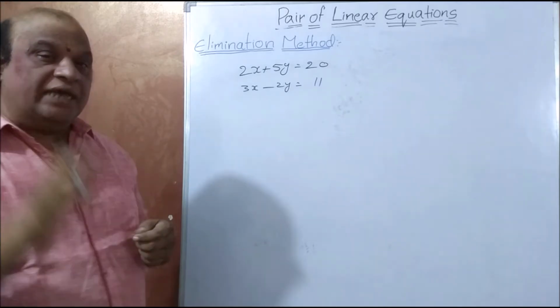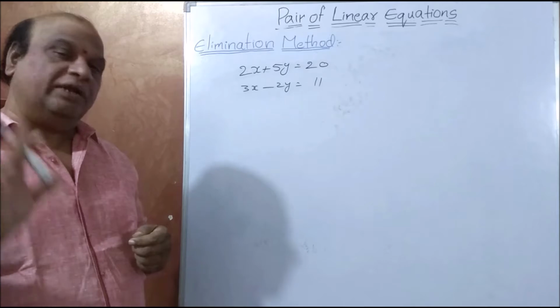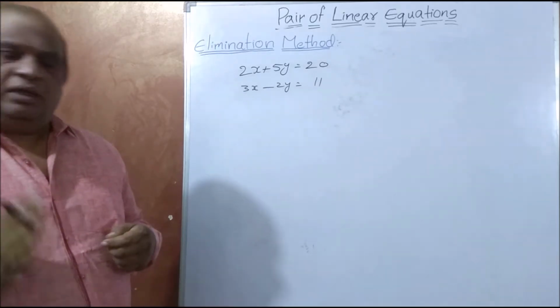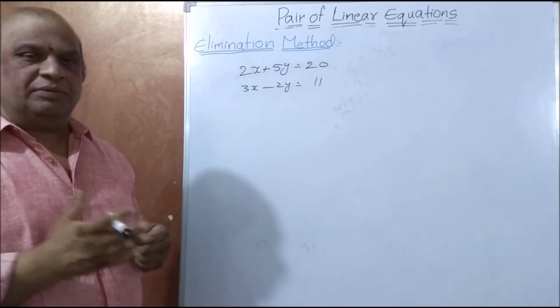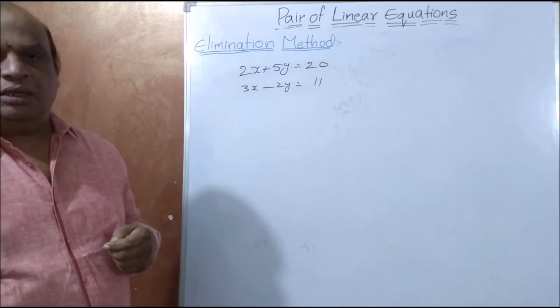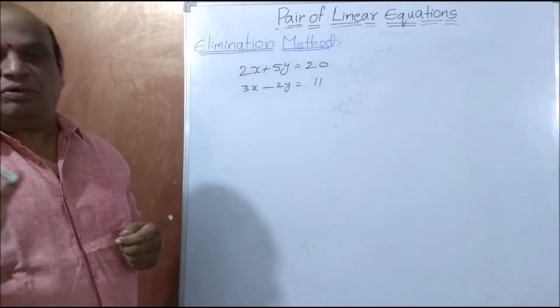So solution is exist or not. First of all, you have to check each and every problem. Then only you have to proceed, either substitution method or elimination method or graphical method. Any method, first of all, you have to check first whether a solution exists or not.